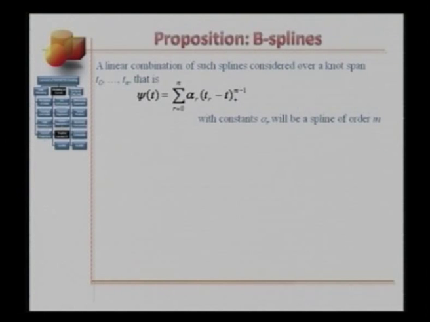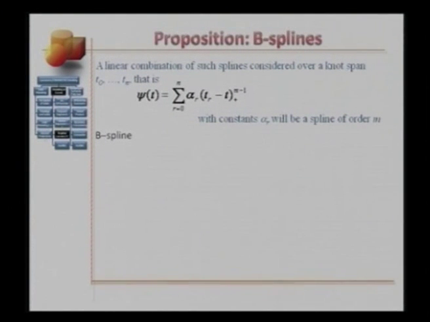Here alpha r are constants, and the observation is that psi(t) will be a spline of order m. Would you agree with me on this? We have seen before that each of these terms for whatever tr is a spline of order m. So why not the linear combination of these would be a spline? The observation seems good, and based on this observation we say the following.